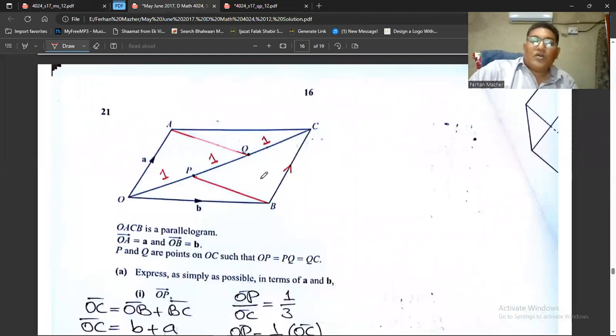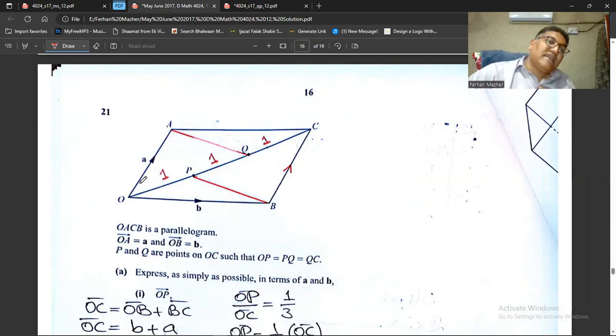So OAQ and CBP, we have to prove. You know, OQ and PC, they both are 2 times of OP, so they are equal to each other. And AO and BC, they are equal to each other. They are the opposite sides of the parallelogram.